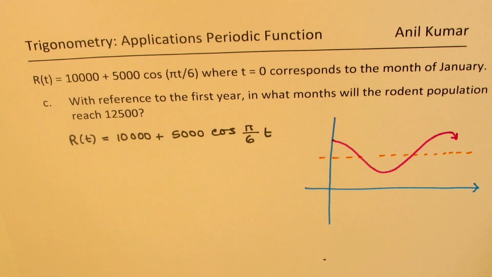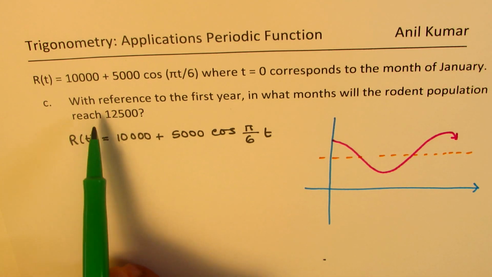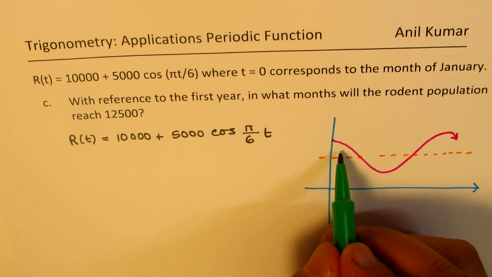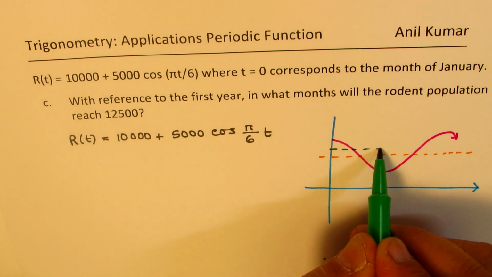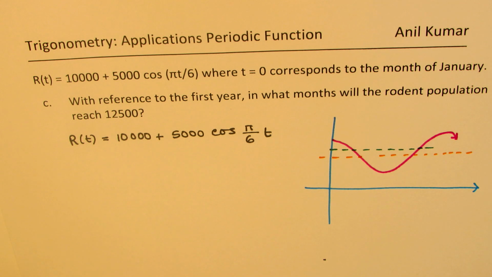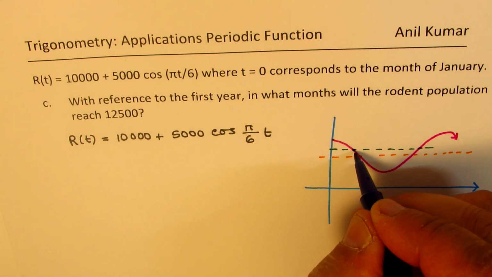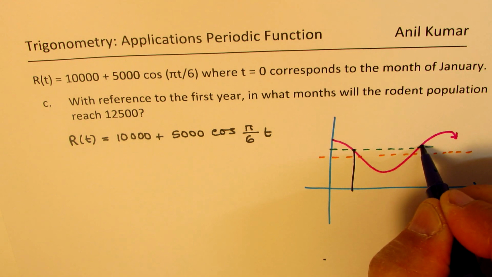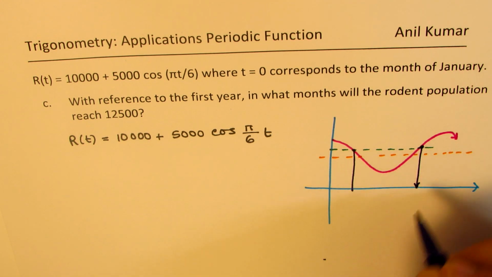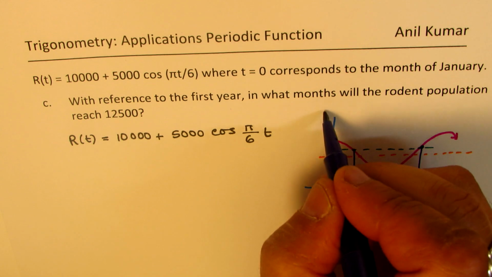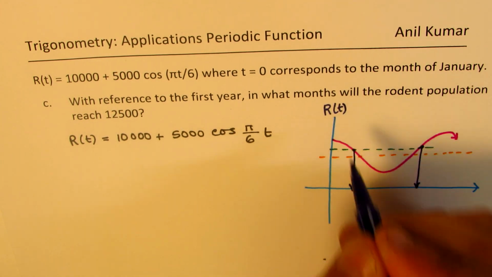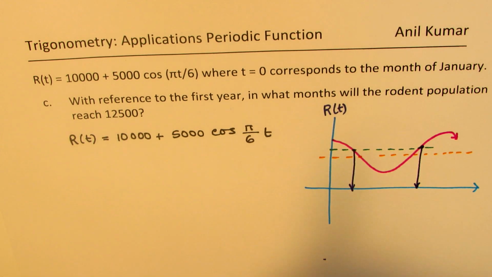When we say that we want to find when it reaches 12,500, 12,500 will be this line. So we are interested in finding 2 points. First this point and then this point, right? These are the 2 points where the rodent population will reach 12,500.